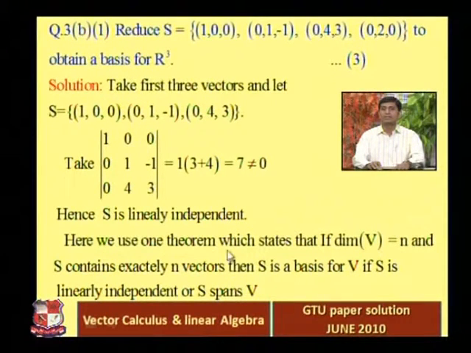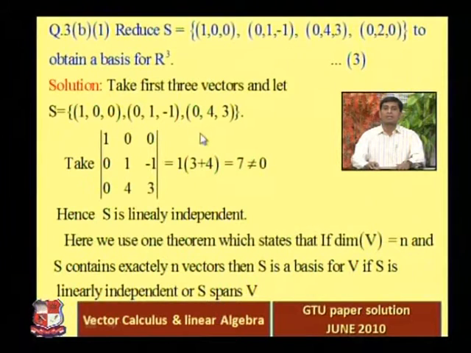And here we use one theorem which states that if the dimension of V is equal to n and S contains exactly n vectors, then S is a basis for V if S is linearly independent or S spans V, right? We already proved that these 3 vectors are linearly independent.